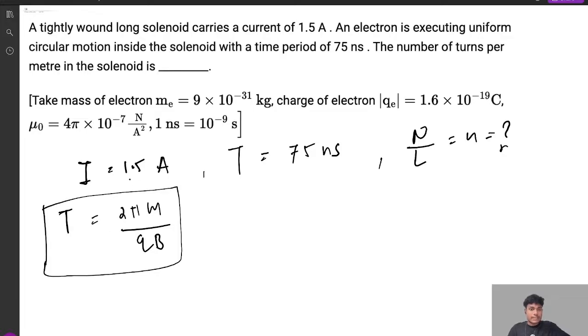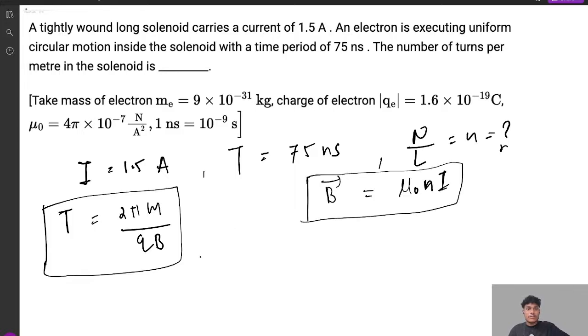And what is our current? Solenoid. Okay, solenoid, here is our current. So what is the magnetic field in a solenoid? That is mu naught small n into I. Here small n is the number of turns per unit length. Okay, now put this value in here. What is our time period?